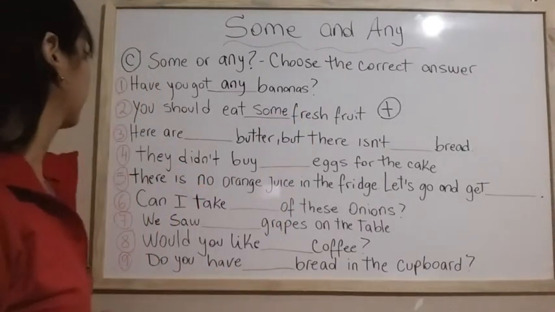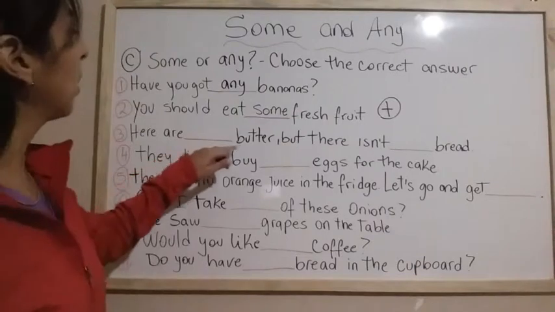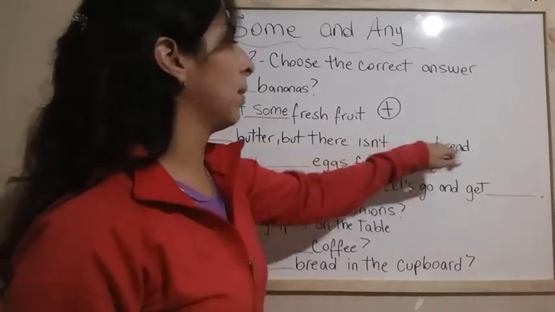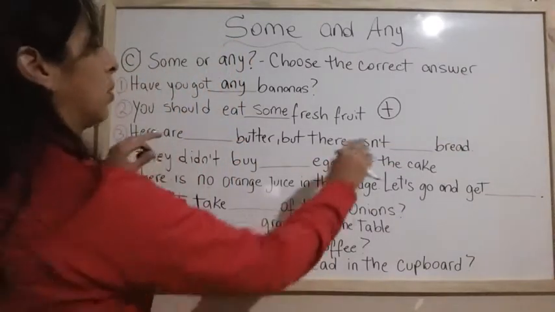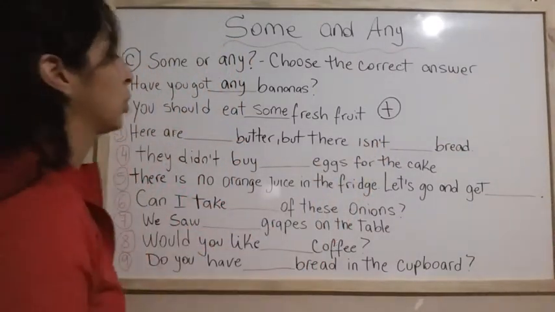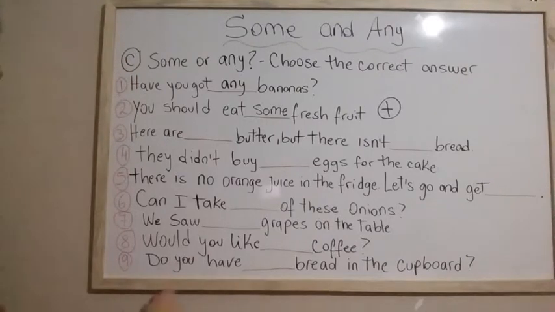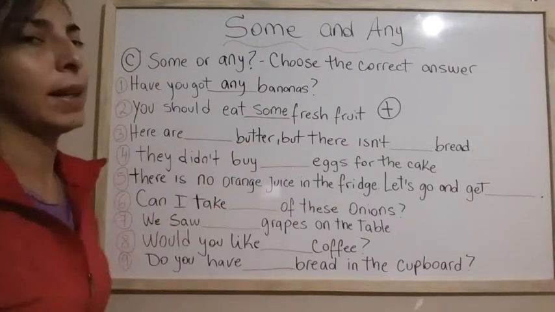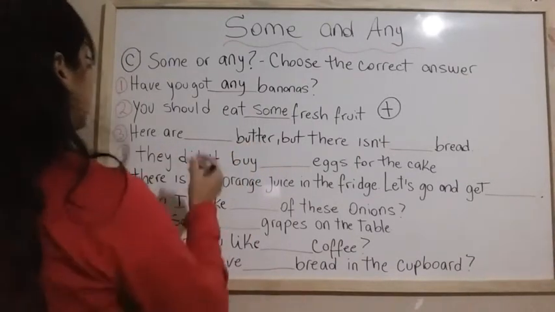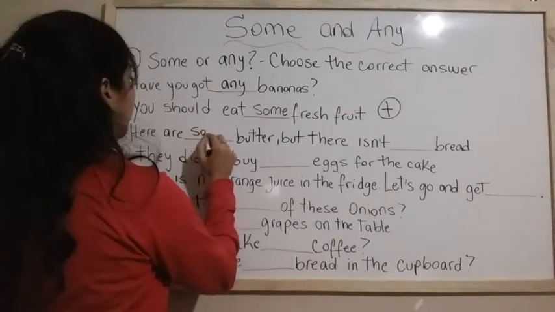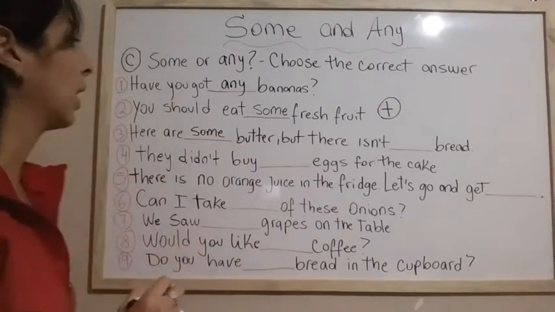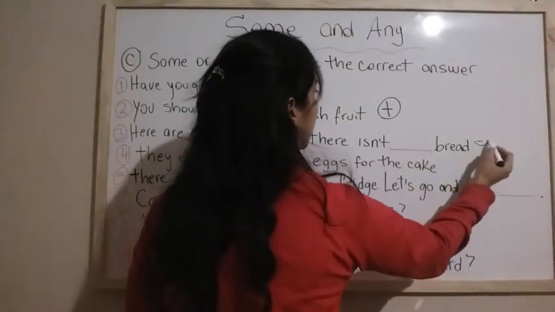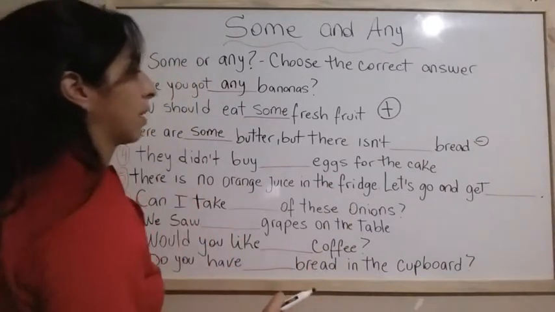The third question. Here are blah blah blah butter. But there isn't blah blah blah bread. We have to put 2 words, okay? In this part of the sentence, we have an affirmative sentence. So we have to write some, okay? But in this part, we have a negative sentence.